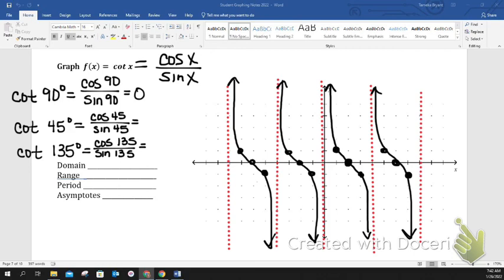Okay, so my vertical asymptotes occur at, my first one is at x equals 0 plus or minus pi n. So that's my vertical asymptote.